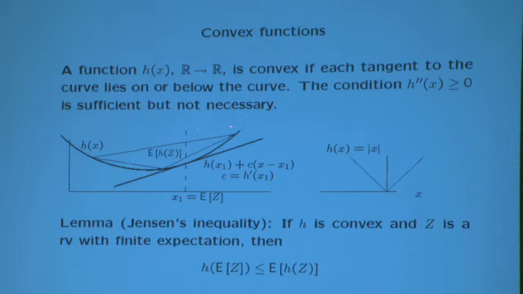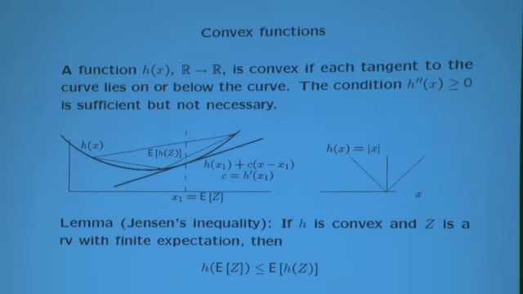But what I want to do here is to convince you of why it's true by looking at a little triangle here. I can think of the random variable Z as having three possible values. One over here, where this point comes into the curve, one here, and one here.